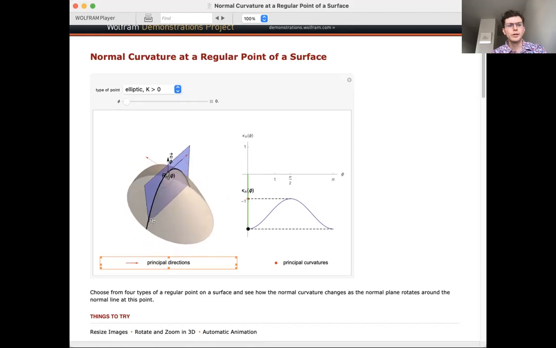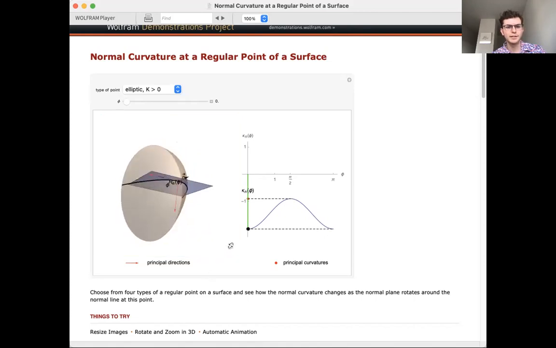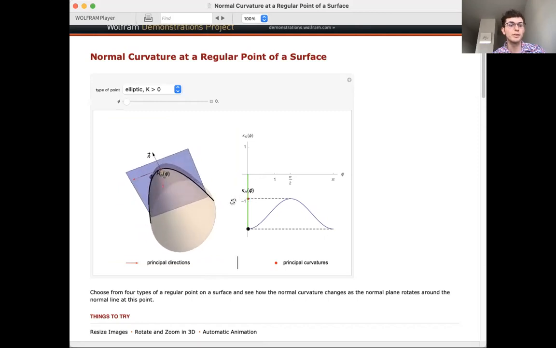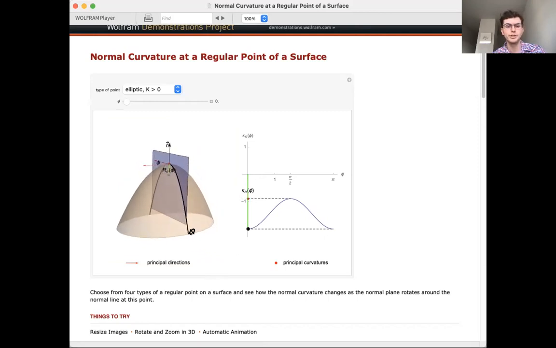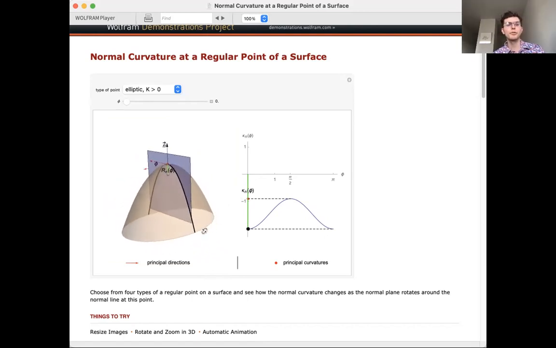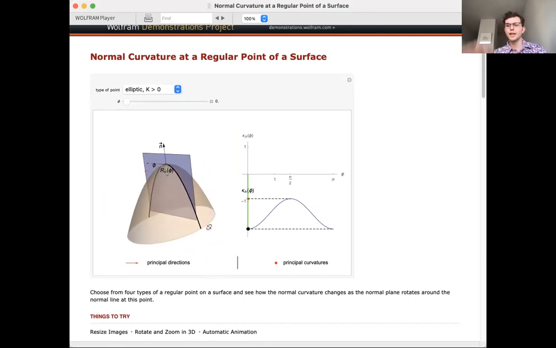Okay, so the idea is that you have a surface like this thing, which is called a paraboloid. If you eventually take multivariable calculus, you'll see surfaces like this. I don't want to get too much into details, but you can take a plane that goes through the surface.